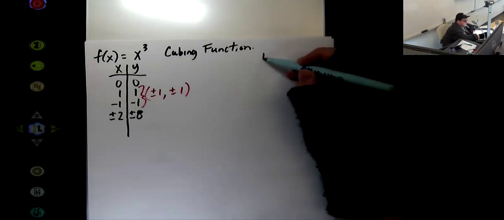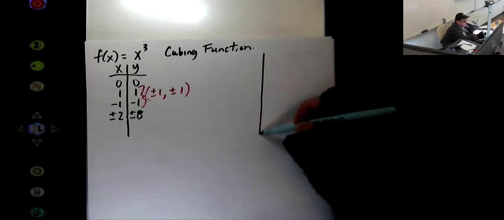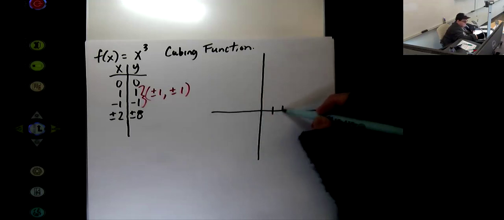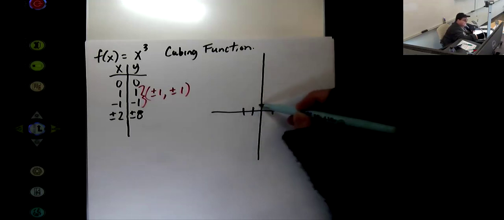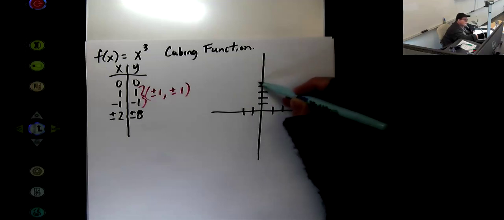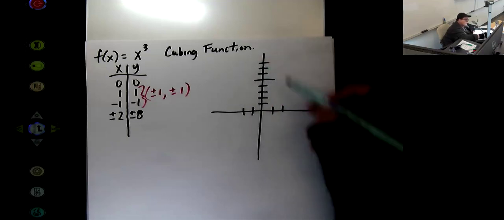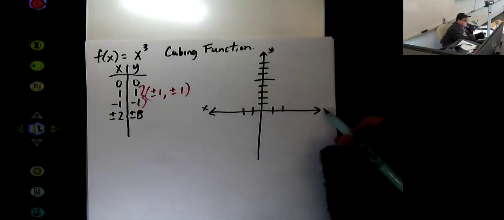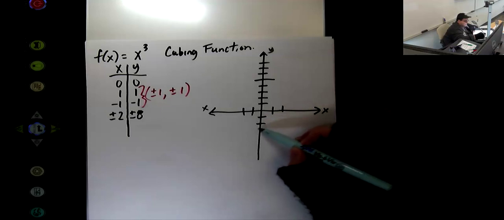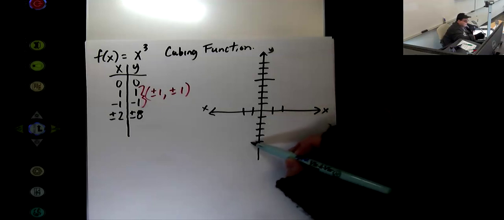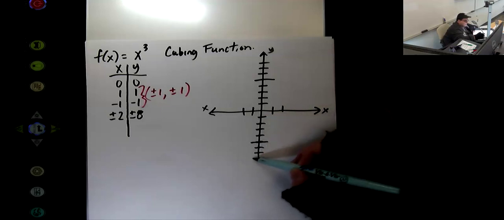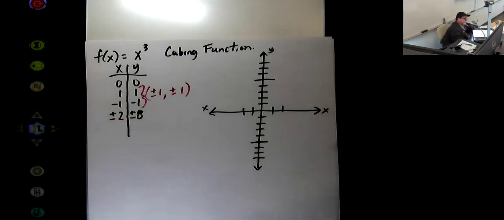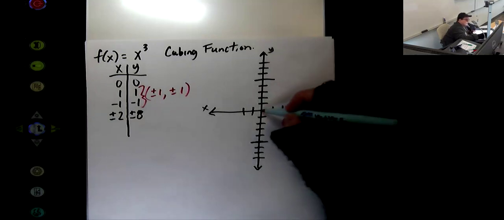This one is a much more straight up and down graph. It kind of goes kind of tall. So we got 0, 0.